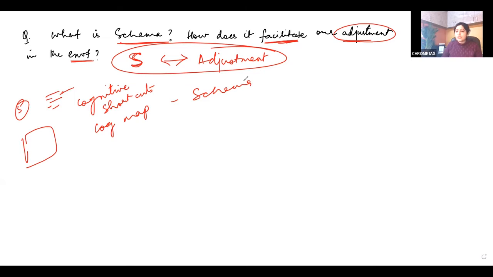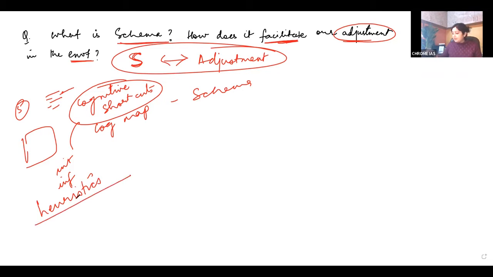So what you are doing is creating a cognitive shortcut so that you are able to interpret your environment better and draw inferences quickly. So the keyword would be that they are acting as heuristics. They guide you to take action quickly, to make effective decisions.